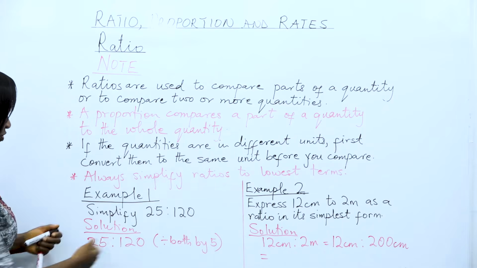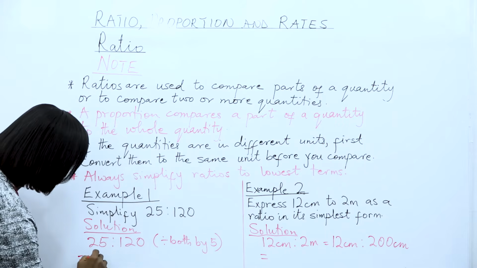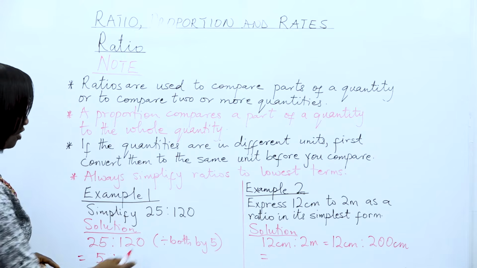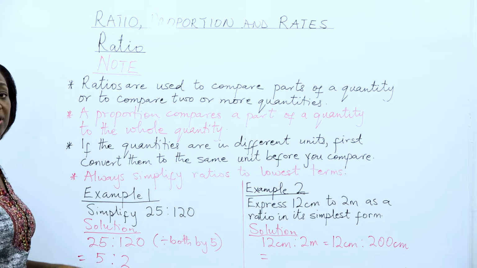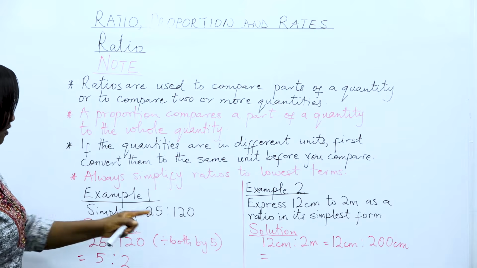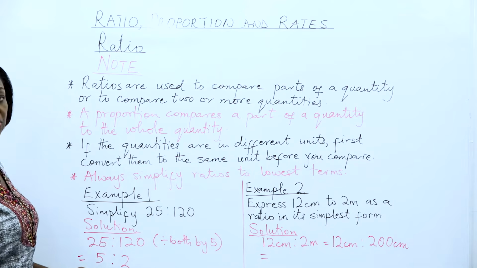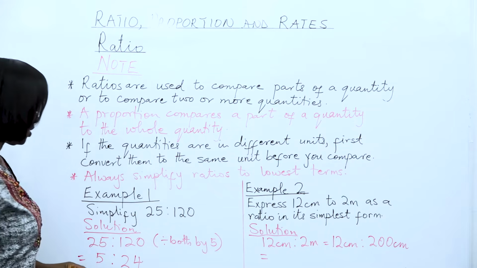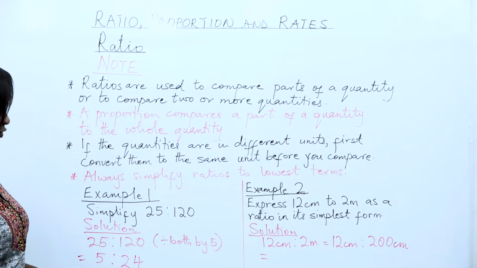So if we divide both of them by 5, we have 25 divided by 5 is 5, and 120 divided by 5, 5 into 12 is 2, and we're left with 2 because 5 times 2 is 10. 12 take away 10 is 2, and 5 into 20 is 4. So the simplest form is 5 ratio 24.